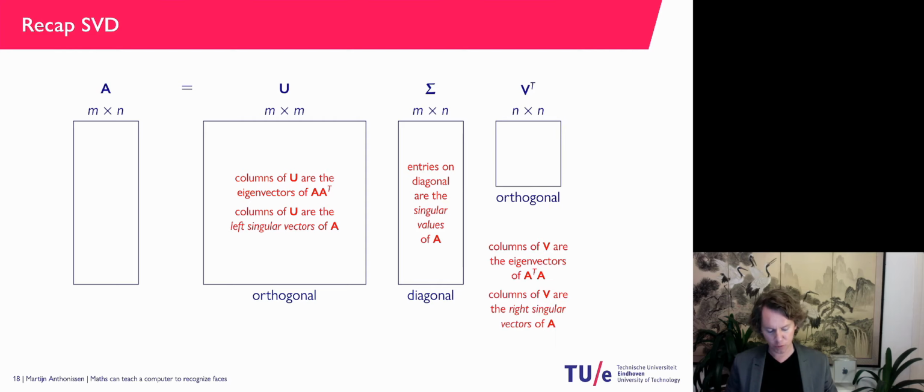And for V transpose, something similar. V transpose is of course the transpose of a matrix V, and V has the eigenvectors of A transpose A, and we will also assume that they form a normalized system and all vectors are orthogonal, so an orthonormal system of vectors.